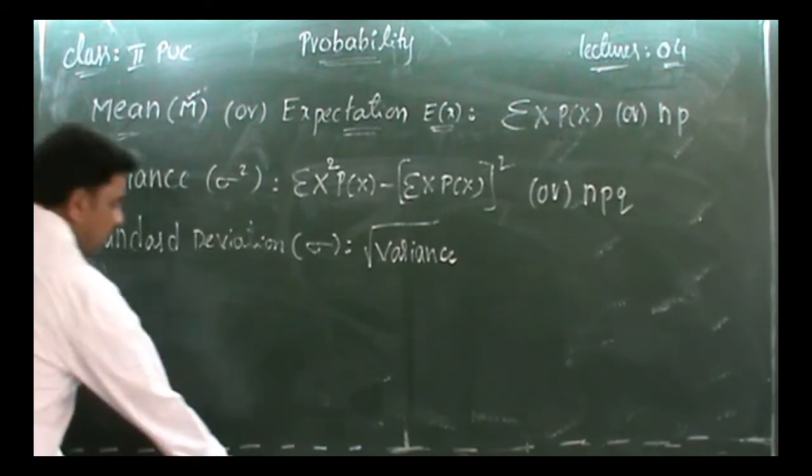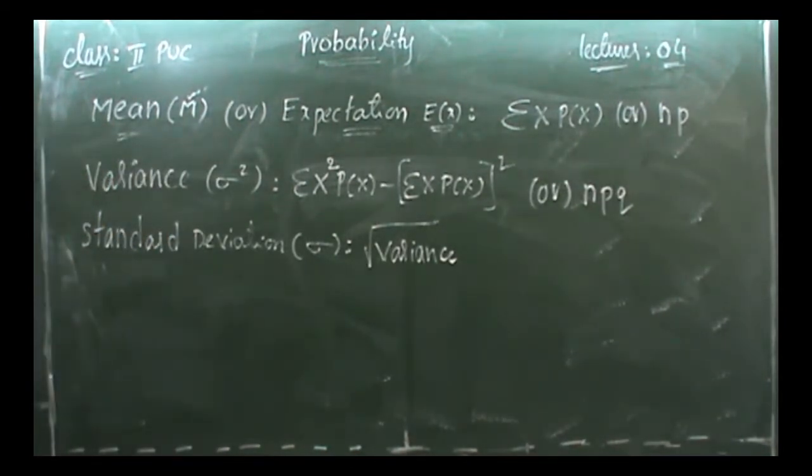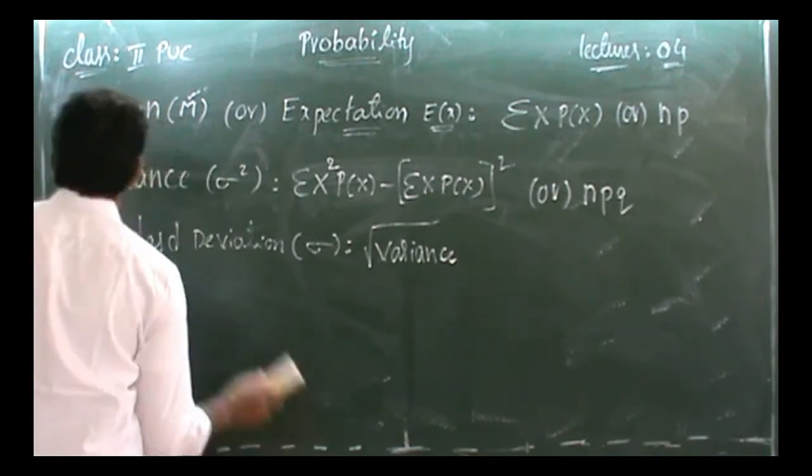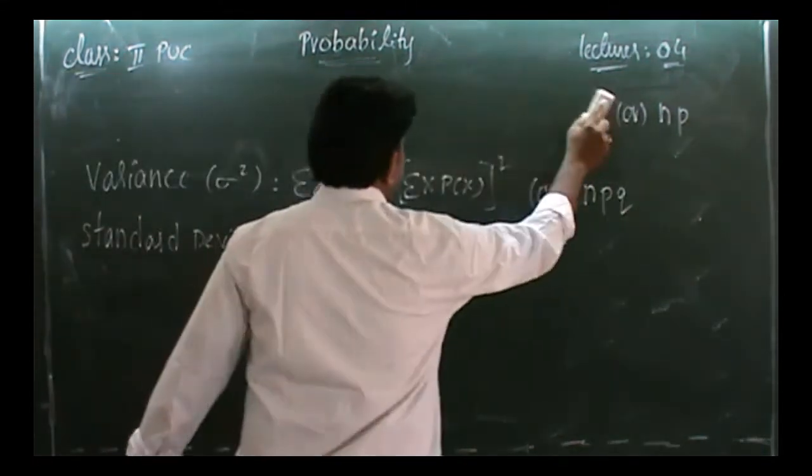So we will do sums on this model, using the formulas, I will explain the sums. So mean or expectation is the same, and next one is variance and standard deviation. These are the formulas. Okay, children. Now we will do the sums on this model.